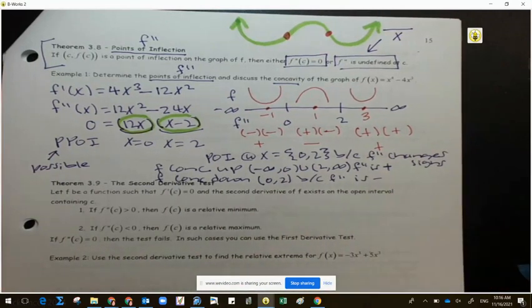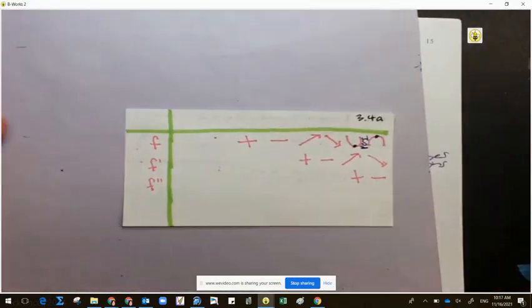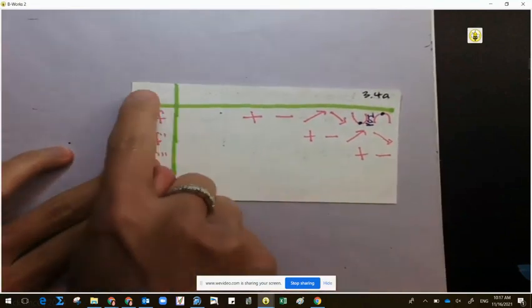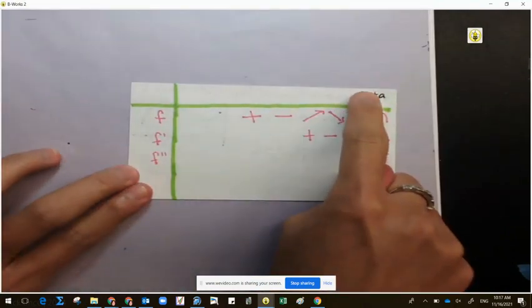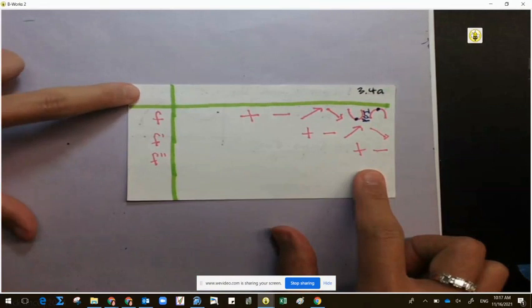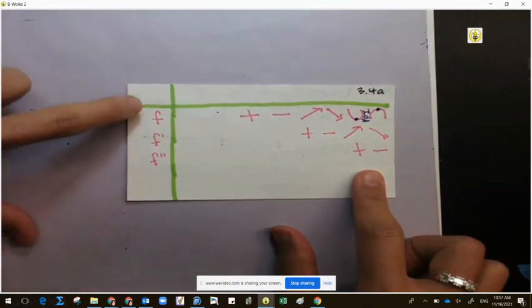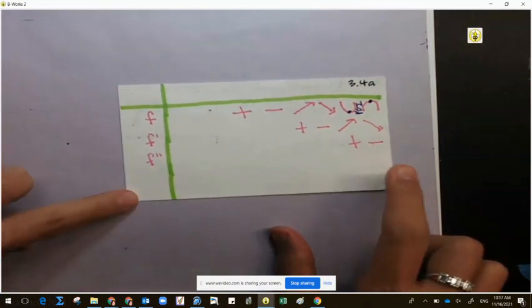So now I think it's a good time for our card. If you have to get a brand new card, that's fine. If you want to write this somewhere on your notes, that is also okay. We're going to add on to this card throughout the remainder of Unit 3. I want you to leave some room on the margin because we're going to add on to it, but not today. I also want you to leave a little room next to the f's, but not today though, okay?